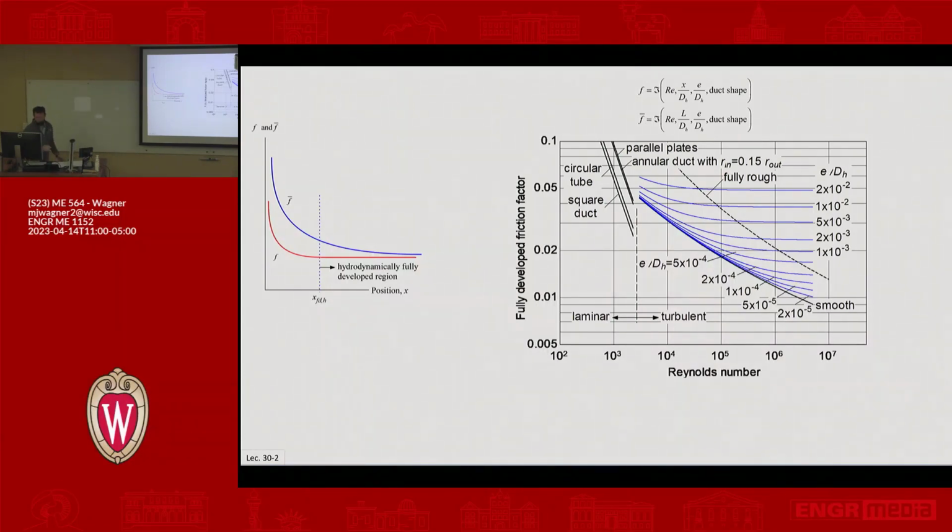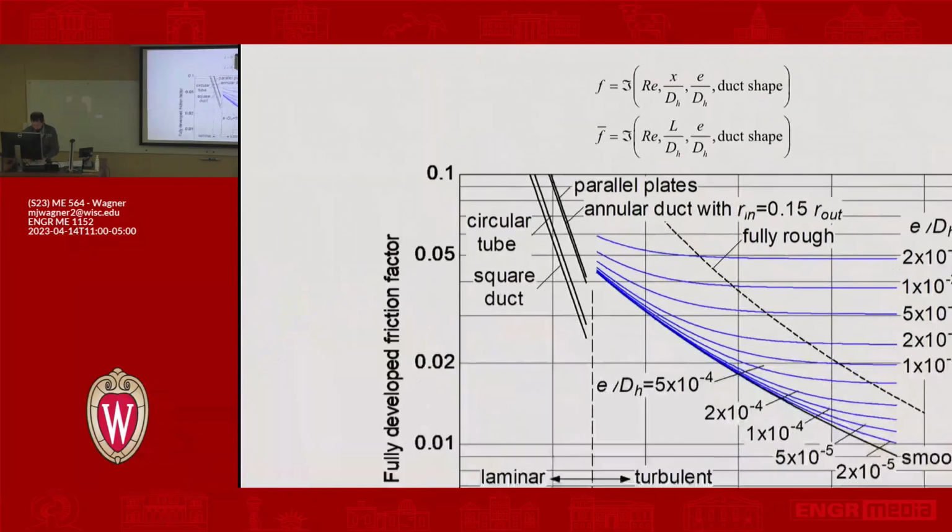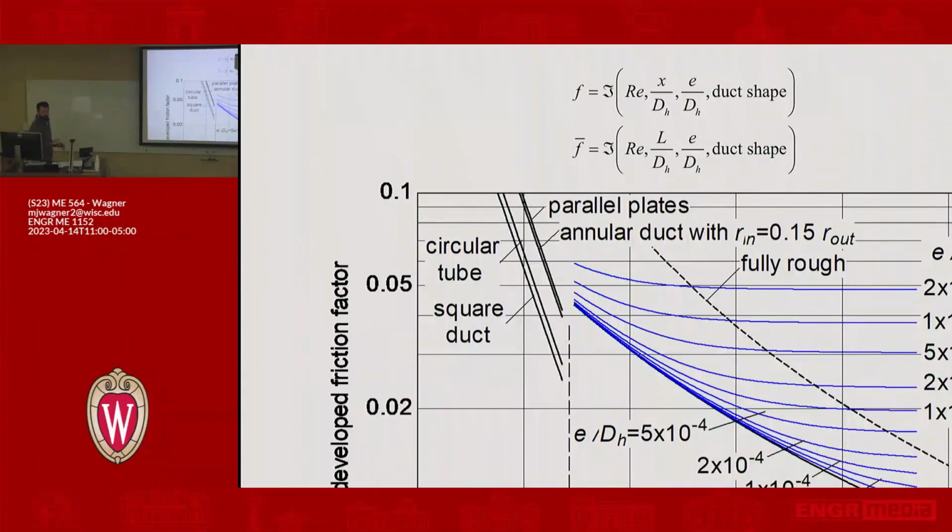One other minor point to make here, let me zoom in so you can actually see it. If we're doing f versus f bar, this is a fancy f for function, so I'm just saying my function for local friction factor is going to take my Reynolds number in terms of D_h. It's going to take my local position, x over D_h.